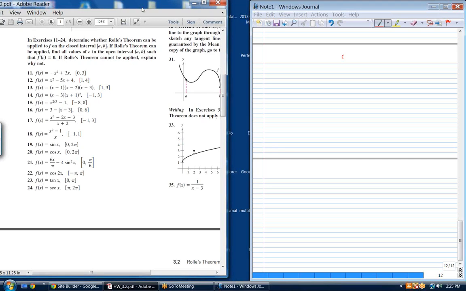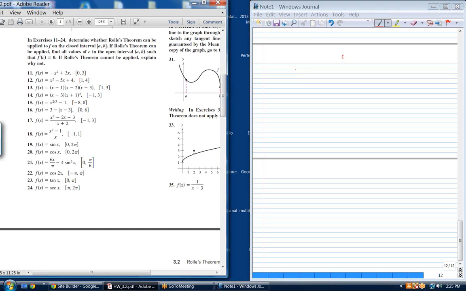Alright, so this is pretty much the same exercise, except periodically Rolle's theorem might not apply. So does it apply on 11? Yes. Okay, and find the value of c such that f prime of c is equal to 0.